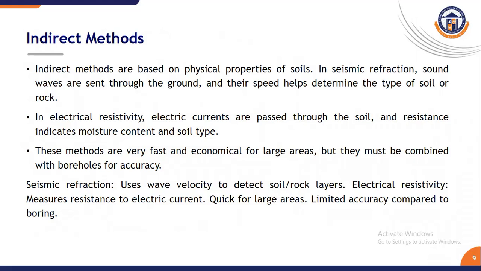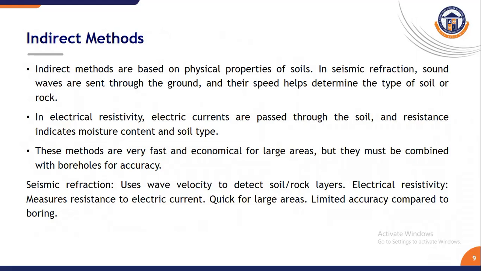Indirect methods are based on the physical properties of the soil. In seismic refraction, sound waves are passed into the ground and their velocity indicates soil or rock type. In electrical resistivity, current is passed through the soil and the resistance gives information about the moisture and soil type.